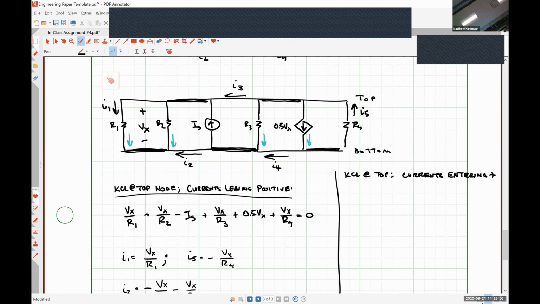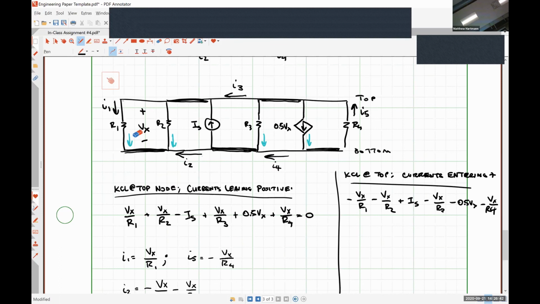We would have negative Vx over R1 because it's leaving, minus Vx over R2, plus IS, minus Vx over R3, minus 0.5 Vx, minus Vx over R4, and all of that is equal to 0. It's the exact same expression that we had, but it's multiplied by a factor of -1. It's not going to change our answer for Vx at all.